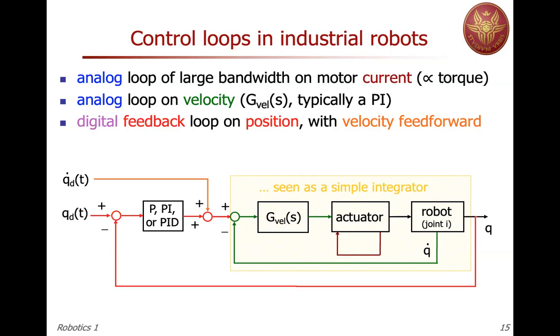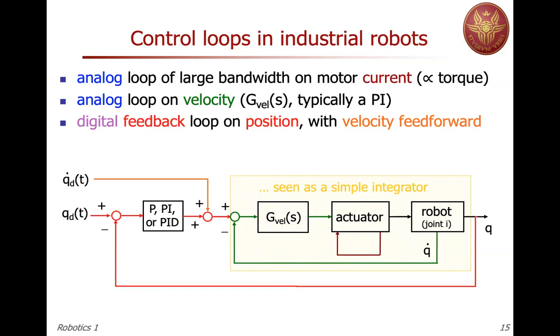You don't care how you get to a certain configuration, but you just set the final value for each joint. If you care about the trajectory, then you have also velocity, and you can see that this scheme includes velocity feedforward, which is there even if the error on the position is 0, plus a feedback action on the position error.